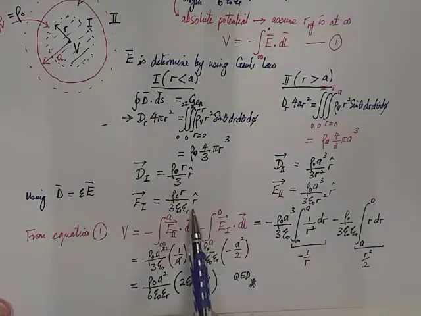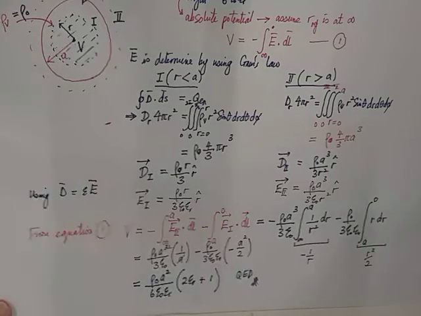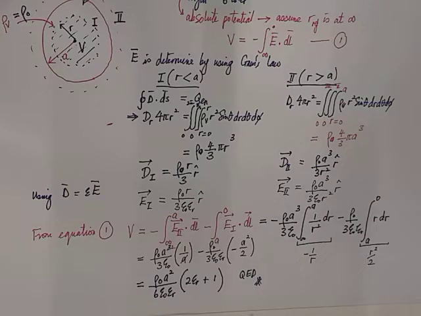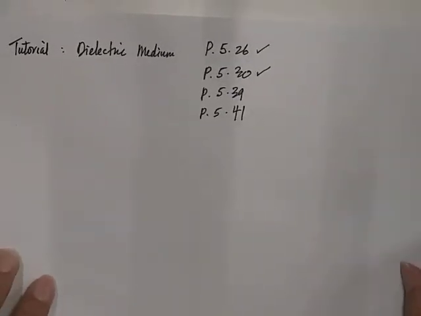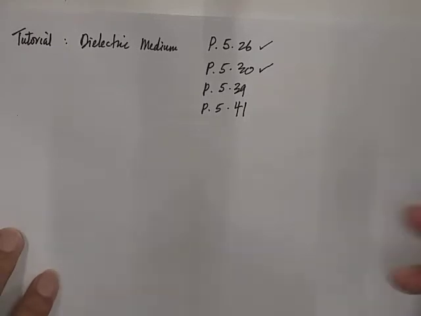So you just do this part, then inshallah you're going to get the solution asked. With that, we have completed problem number 2 that we are targeting in this tutorial session.